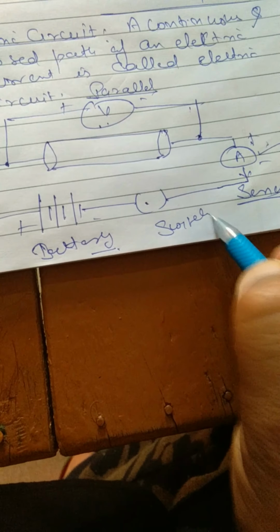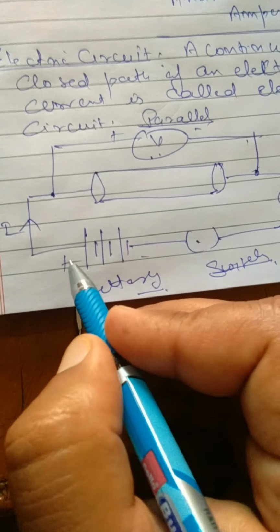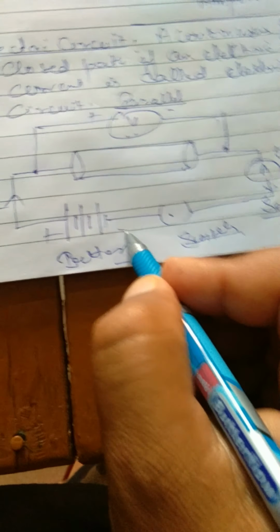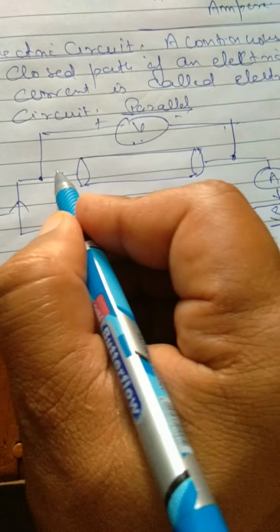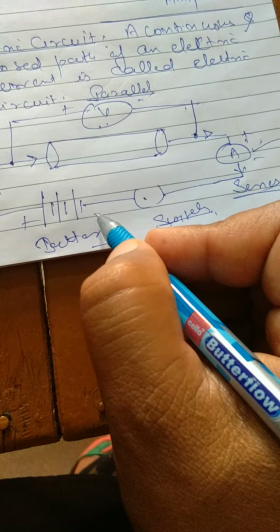This is your battery. This is your switch. The direction of current is always from the positive to the negative terminal of the battery.